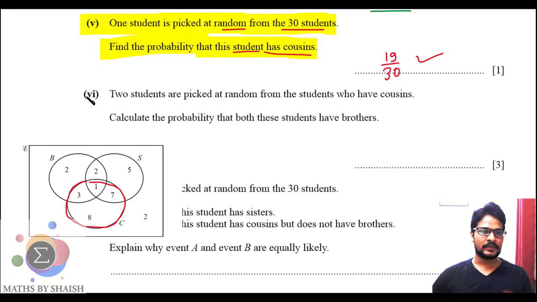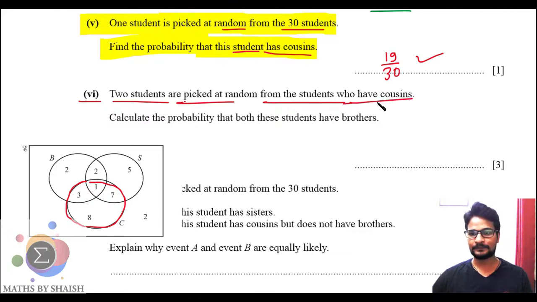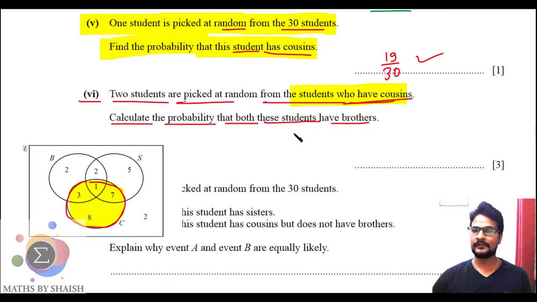And then the sixth part is 2 students this time are picked at random from the students who have cousins. So they are focusing on those students who have cousins, which means we are only focusing on this circle, and inside this circle we need to calculate the probability that both these students have brothers. First, the student has a brother.